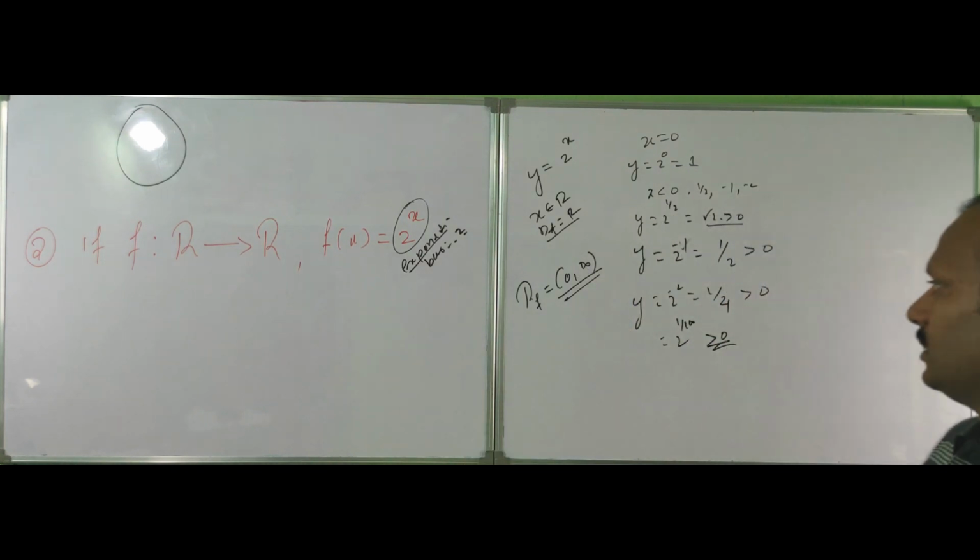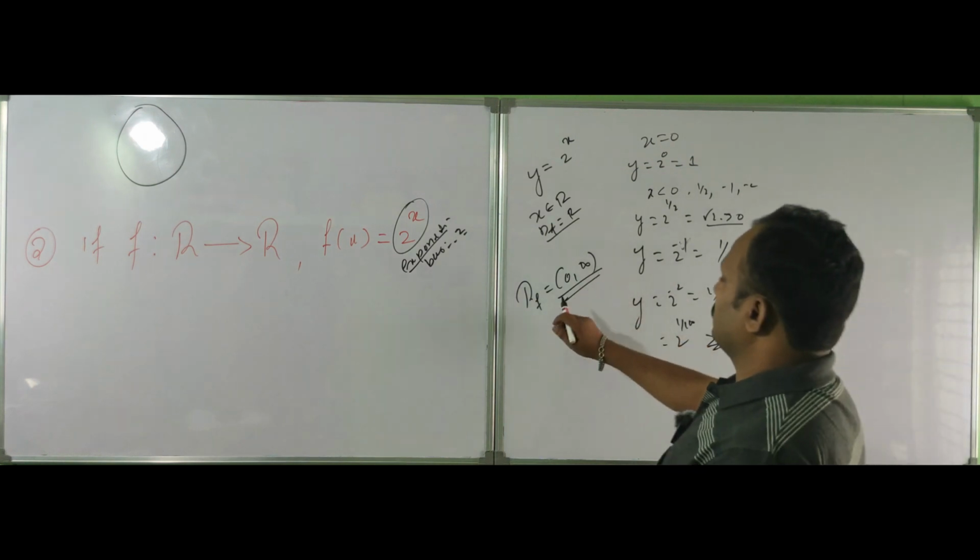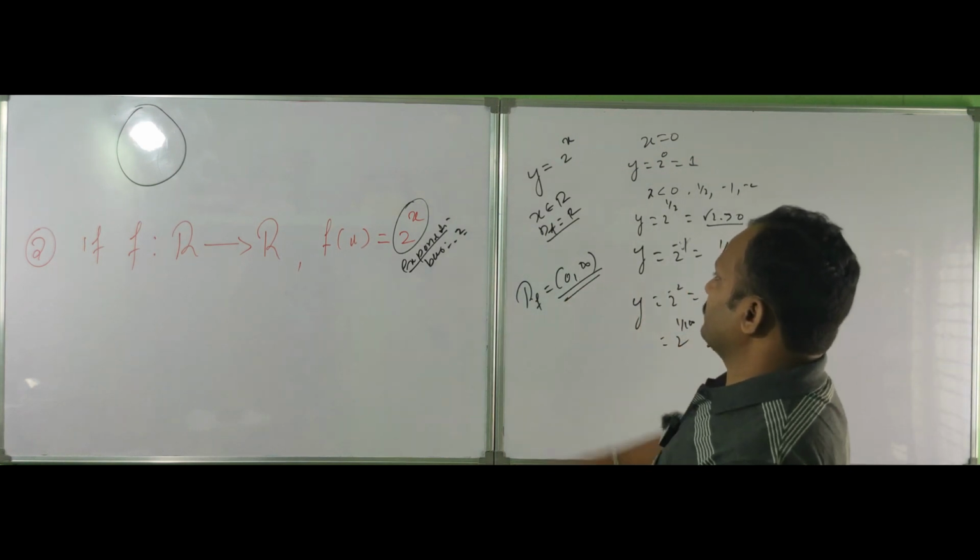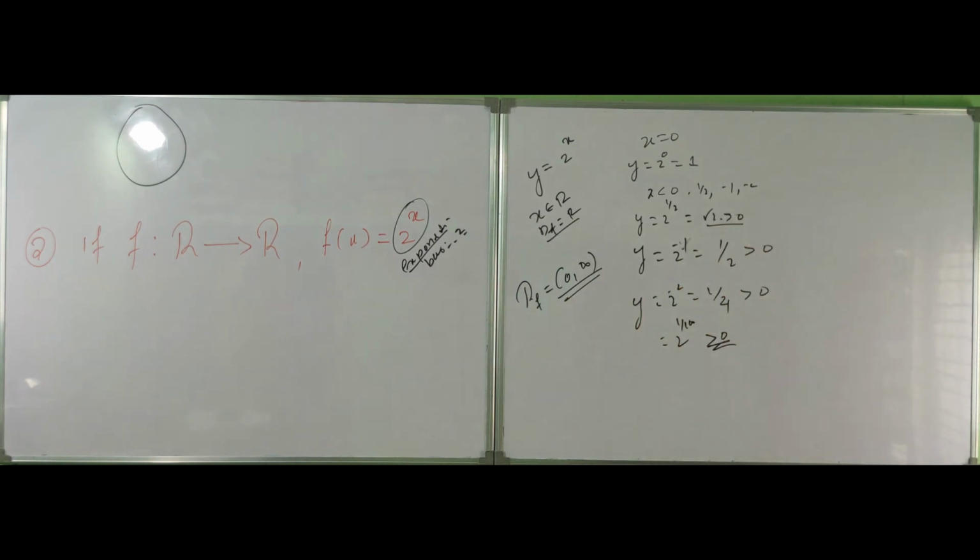Still, you will get some lesser values. At 0, it is equal to 1. This function depends on the base a. If a is greater than 1, it becomes like this: for increasing values of x, the values of y increase.